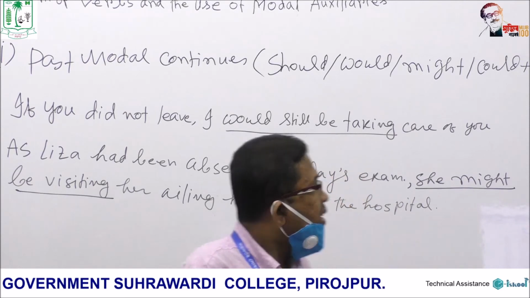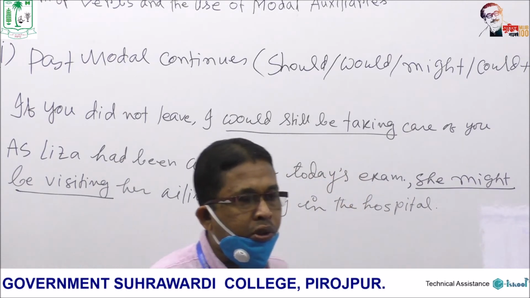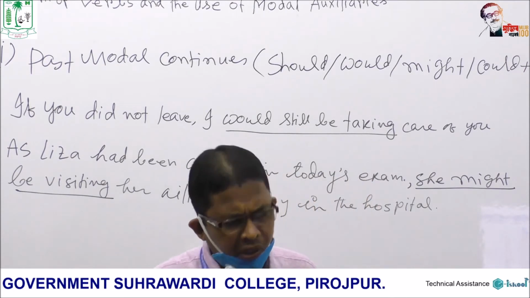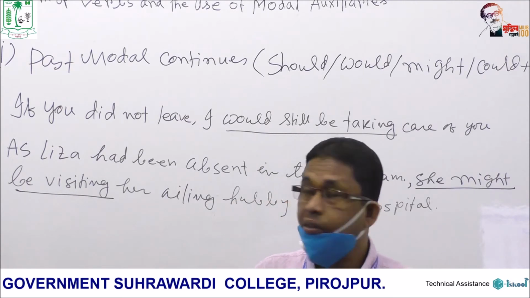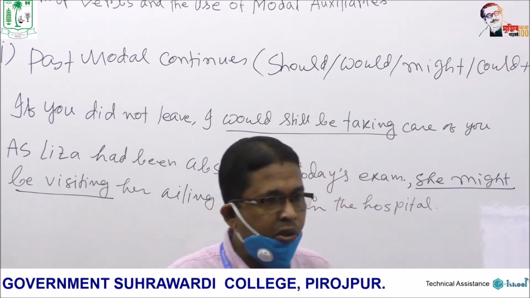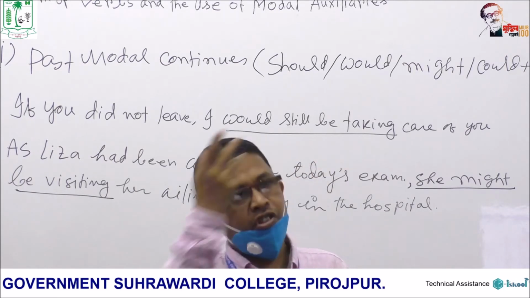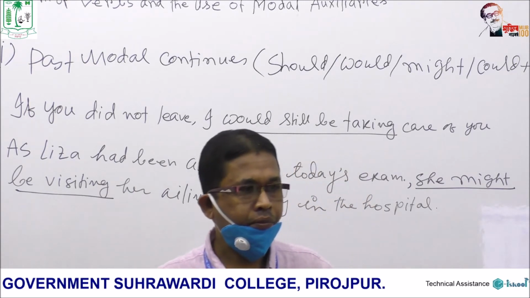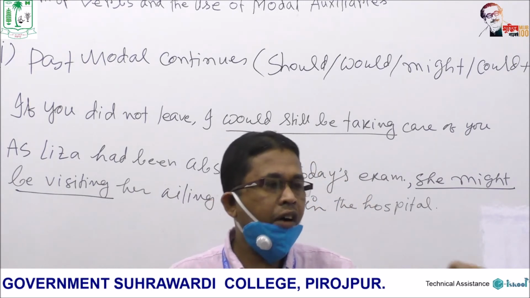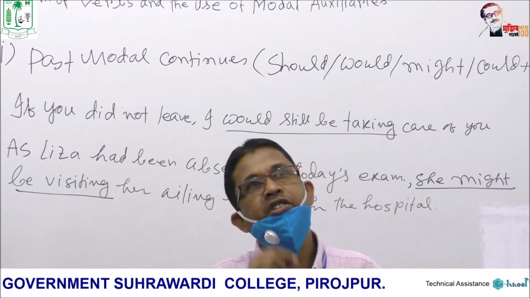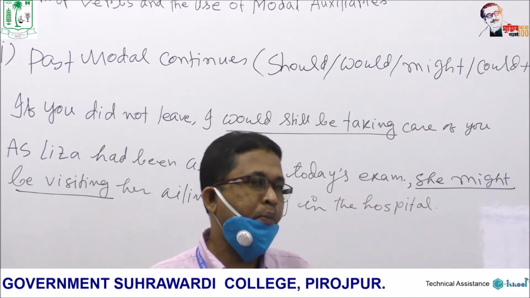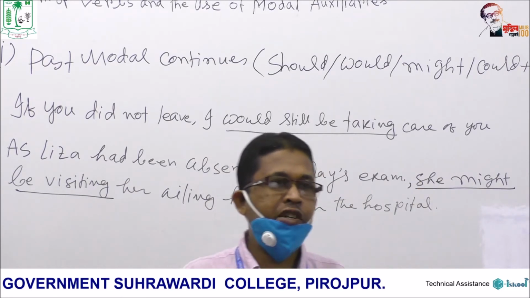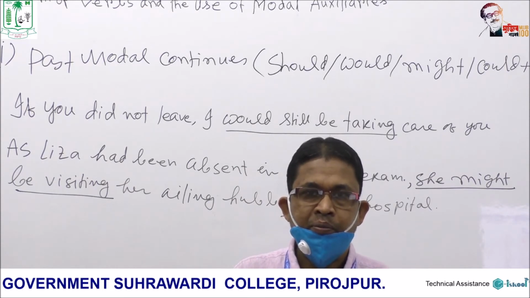And when should we use this structure? In the same case as we have already mentioned in the case of present modal continuous, that is when you were not sure whether the subject would be in the middle of an action or he or she would be planning to take the action in future, in the past, but the action is likely or possible.